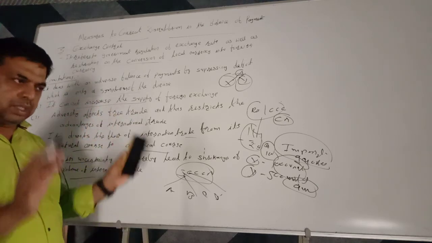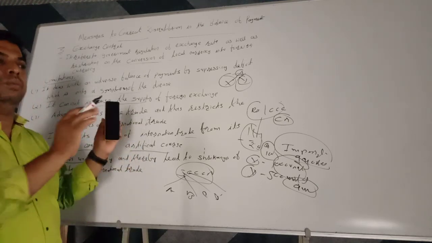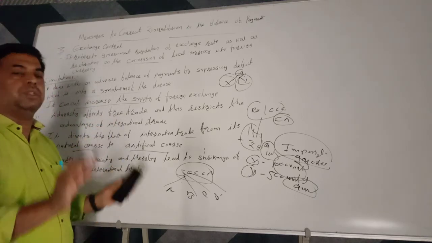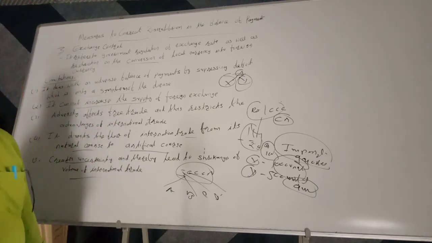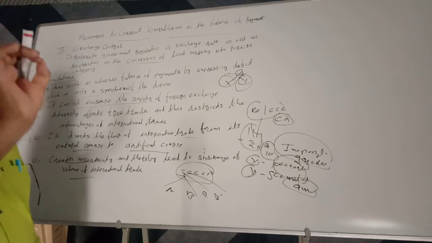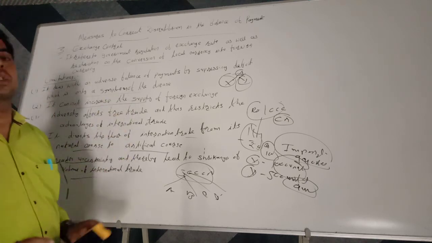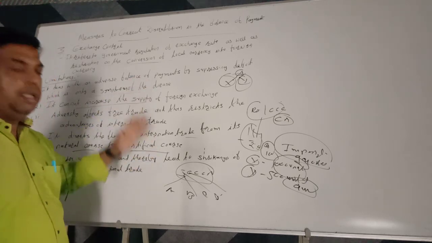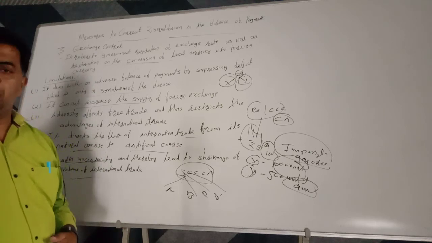So it is just trying to strike balance between demand for and supply of foreign exchange reserve. Okay, this is exchange control method, and there are many limitations of exchange control measures.